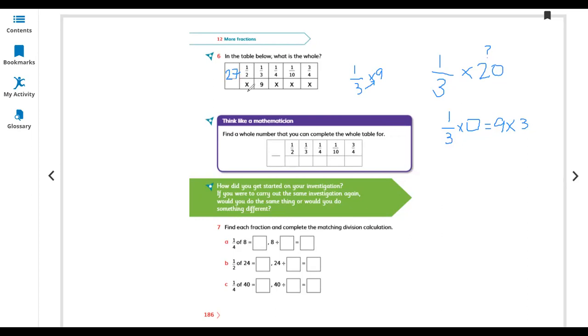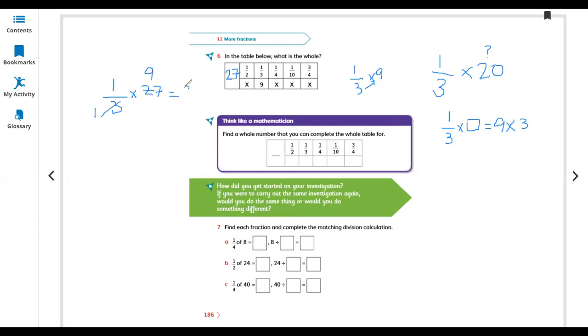Like this we can find the answer. This 27 is not coming in the table of 2, 4, also 10, also 4. So you can see all are x, only one here, 1 by 3. If we put here 1 by 3 and make the part with 27, then you can find the answer. 3 multiplied by 9, 3 multiplied by 1 is 3, and 3 multiplied by 9 equals 27.